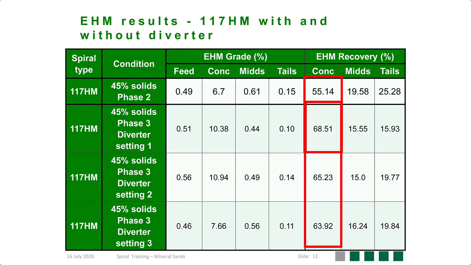So that is the least aggressive position. Now comparing that to phase 2, we can see that we had a 24% increase in recovery. So this means that utilizing a diverter on the new 117HM spiral ultimately resulted in better recovery. As I stated previously, we've tested this spiral in a rougher application, so that's why we've taken the concentrate plus middlings as the final product.